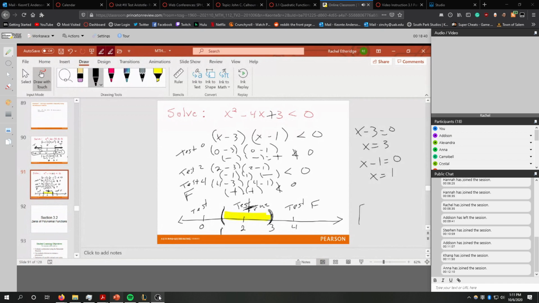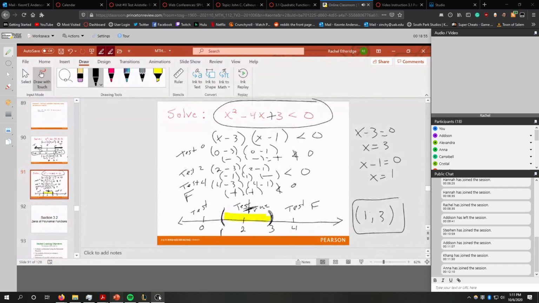So my interval notation answer is from 1 to 3. That's the solution to this inequality. It's the interval between 1 and 3. I know that's messy, but I hope because I talked you through it, you can see what I'm doing.